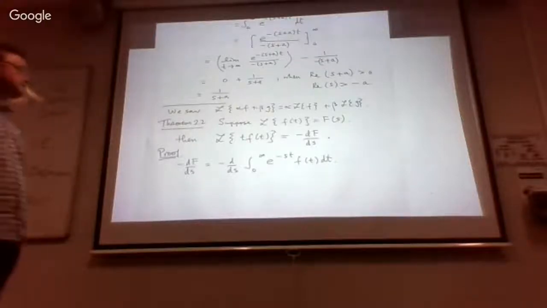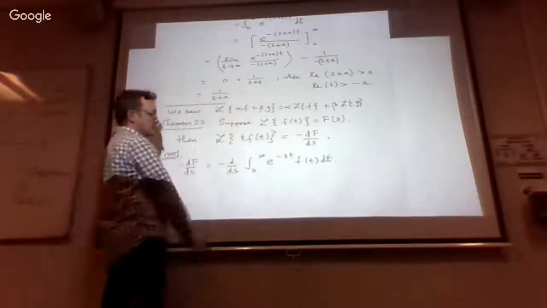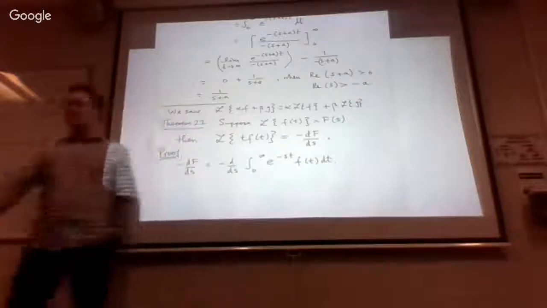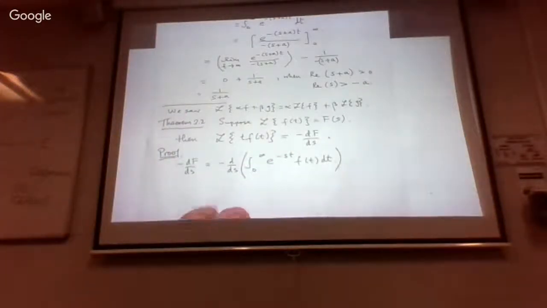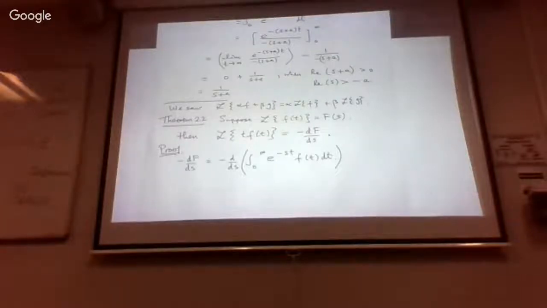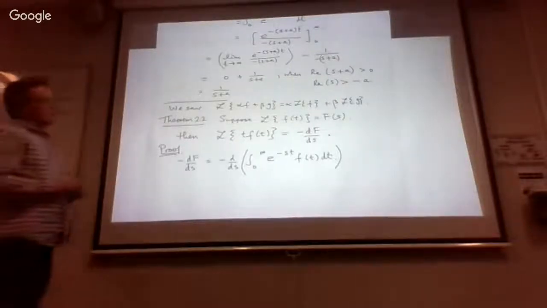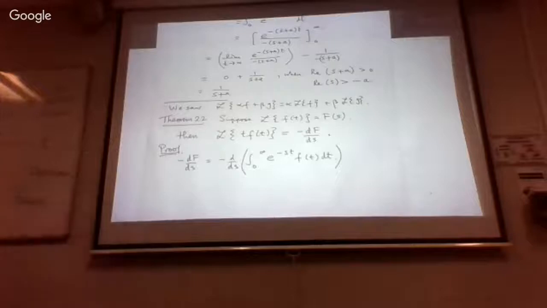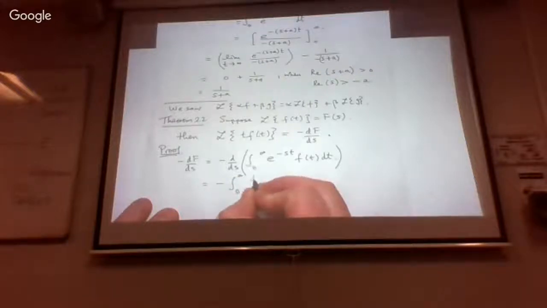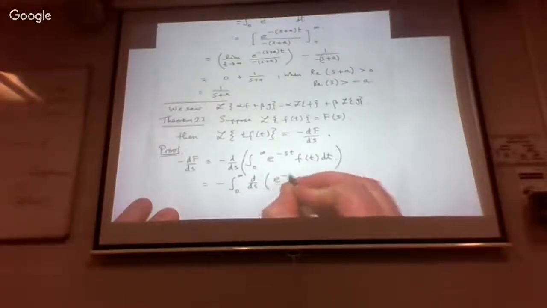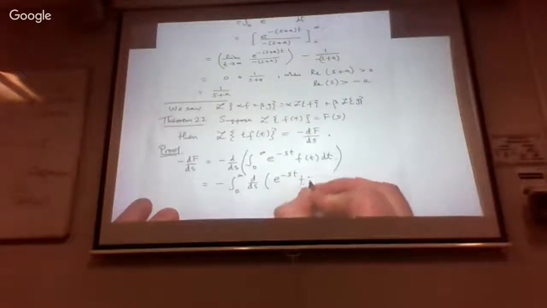So we're taking an s derivative of the integral. This is all in brackets. And what we can do here is interchange the two operations. So we can take the integral of the derivative of e to the minus st f of t.